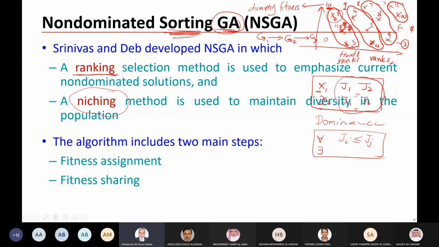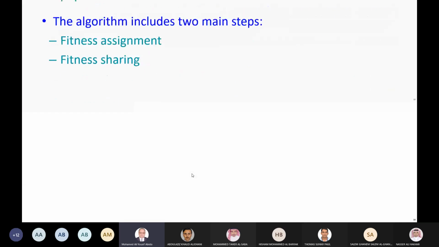This is the first step. We identify the non-dominated solutions, and then we assign dummy fitness for all solutions. And then we do niching or fitness sharing, and we degrade the fitness if there are so many solutions around that solution. We take the minimum, subtract epsilon, and then go to the second front, and so on. So this is the fitness assignment and the fitness sharing.